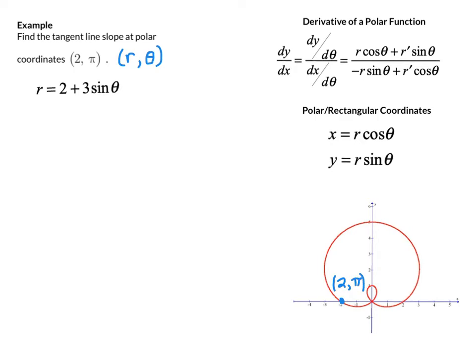And if we convert that into rectangular coordinates, we would find that that is (-2, 0) on the Cartesian plane. We don't need to do all the details at the moment, but the key to understanding the calculus, the derivative of the polar function, is how we convert between polar and rectangular coordinates.